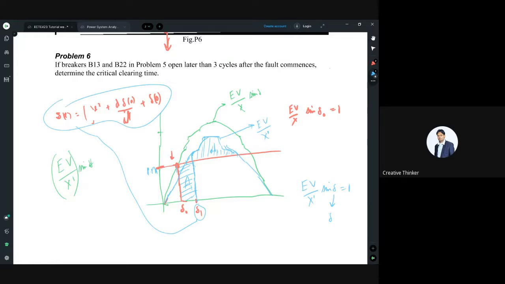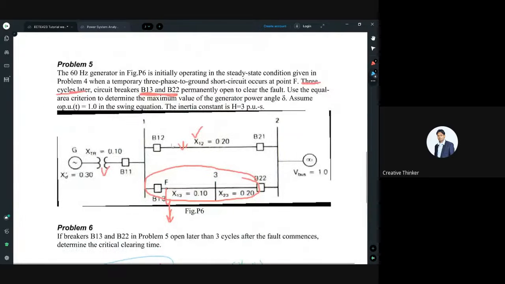The sky blue color curve is the curve for post fault condition. Yes, no more fault, but only one line is operational, and that is without fault.